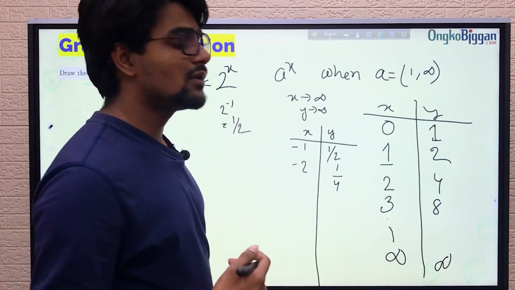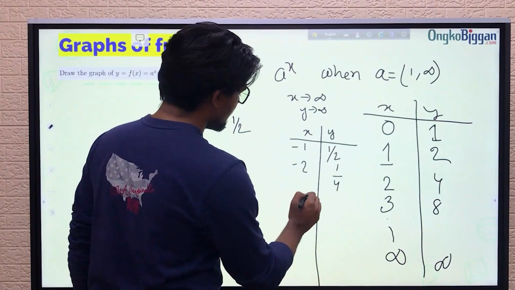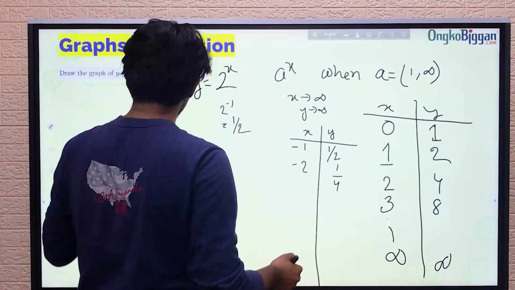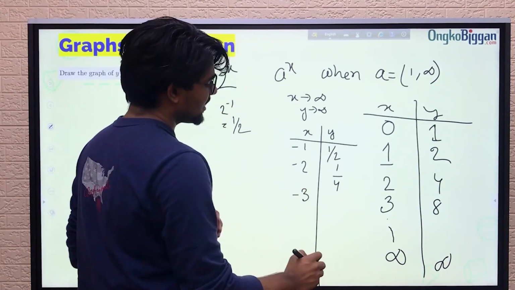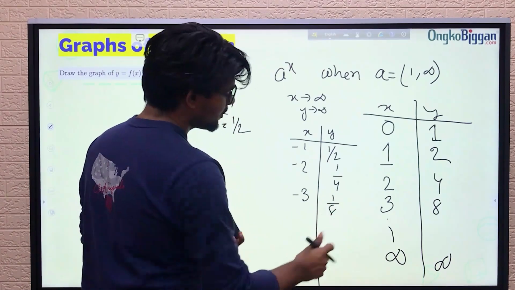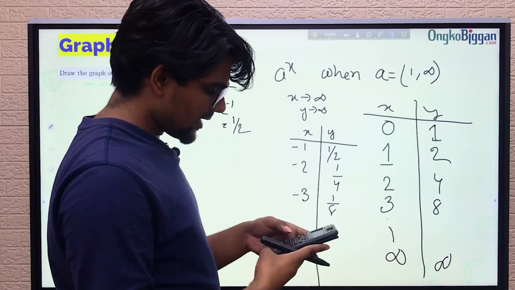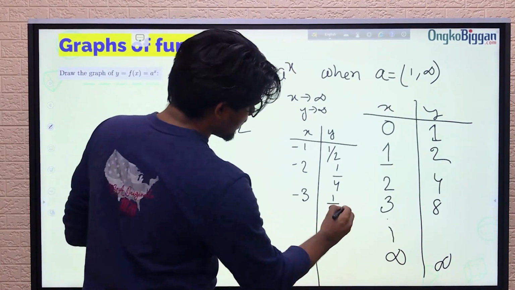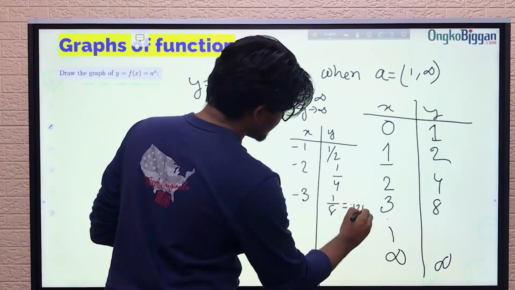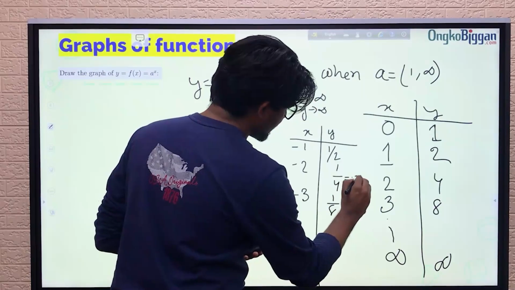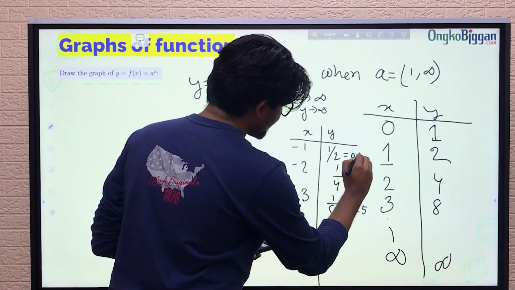Similarly, if x is equal to minus 3, we will get the value of 1 by 8, which is equal to 0.125. This is equal to 0.25, and half is equal to 0.5.